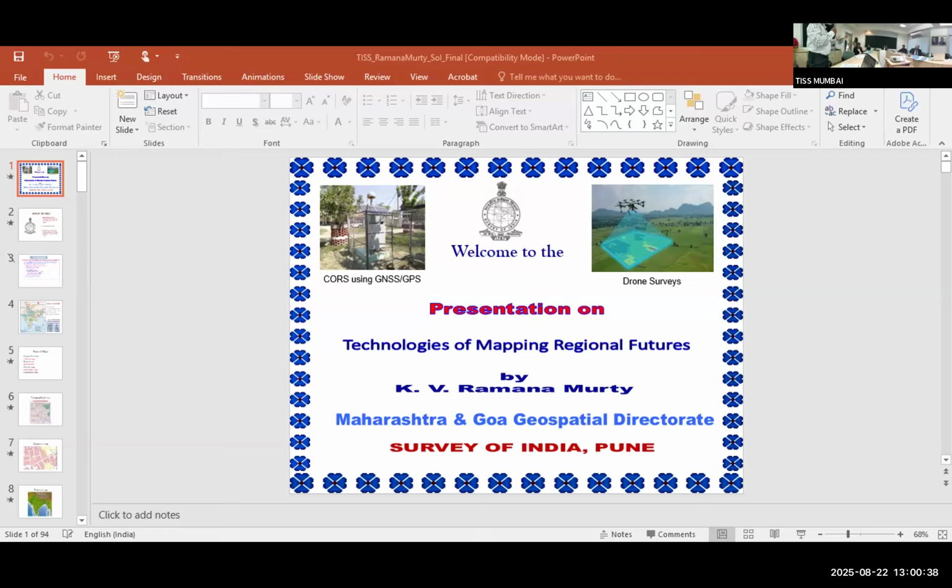Many people do not know what a drone survey is, or how it is used. And nobody sees the GPS satellites or knows how they work. Earlier, the revenue surveyor used to go to the ground and measure in front of them, and they would understand. Now people will wonder whether the mapping done from above is correct or not, which they are not aware of, and they will always have a doubt in their mind.